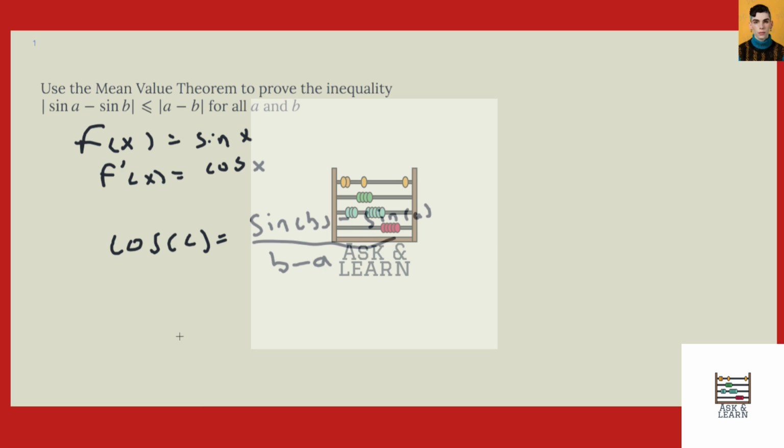We also know that cosine is bounded between -1 and +1. And this statement can be rewritten in terms of the absolute value sign, because the absolute value actually represents distance.